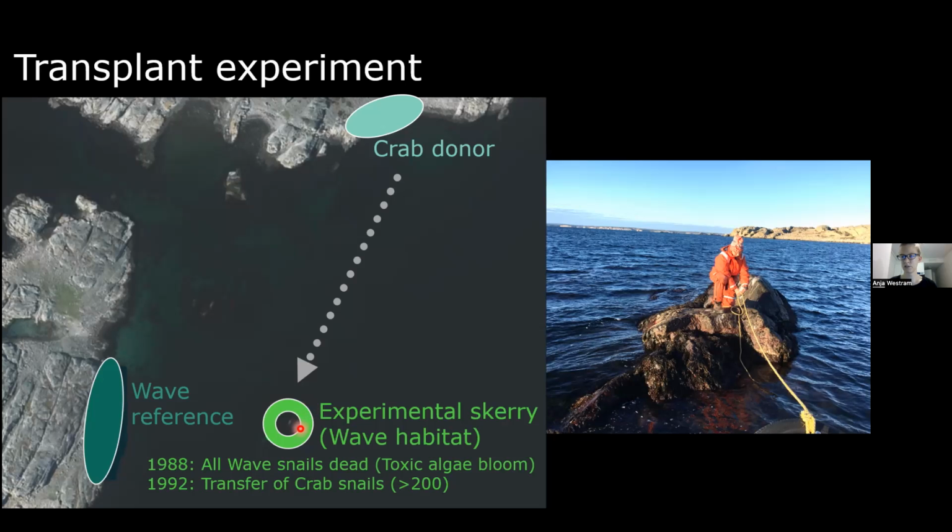But there's an additional potential source of adaptive variation, which is gene flow from this nearby wave population. So at the moment, if there is adaptation, we cannot say if it is due to gene flow or due to standing genetic variation.